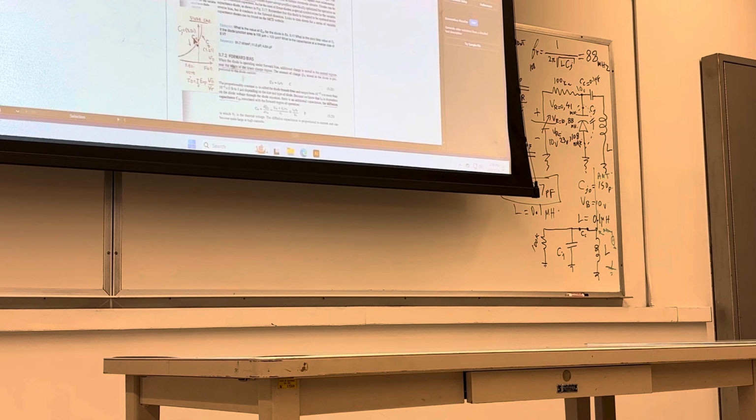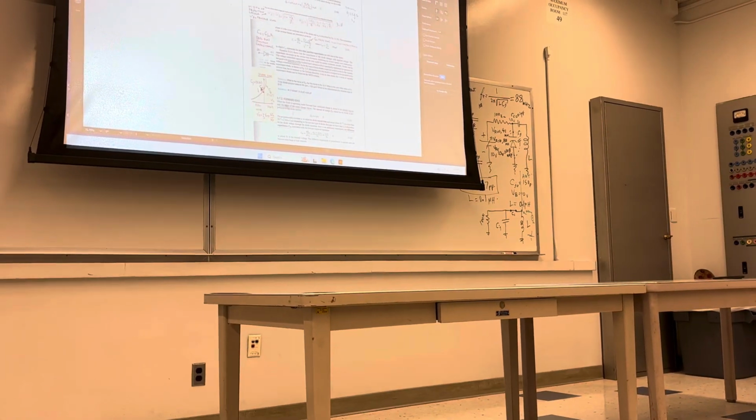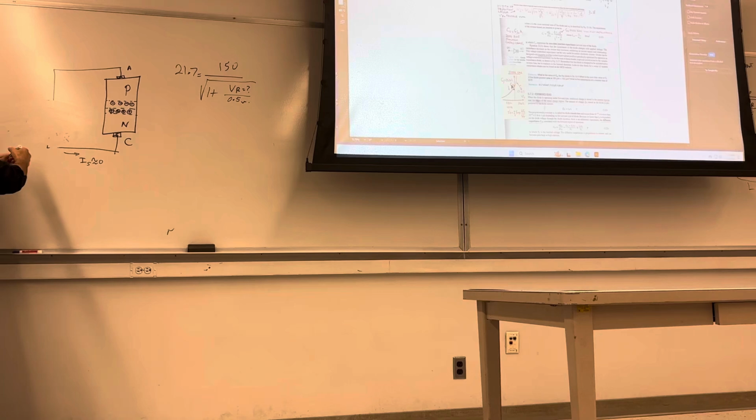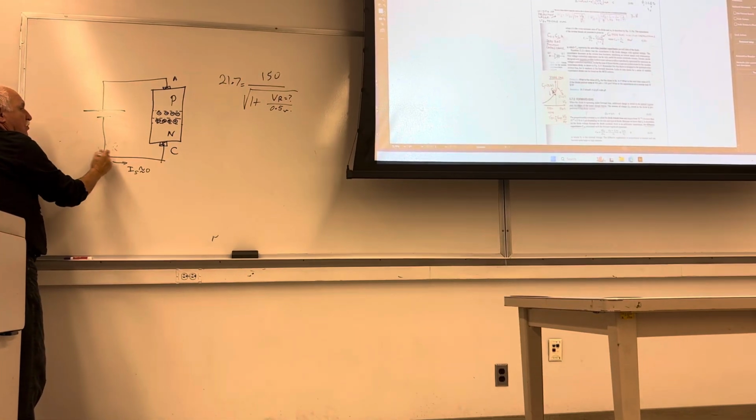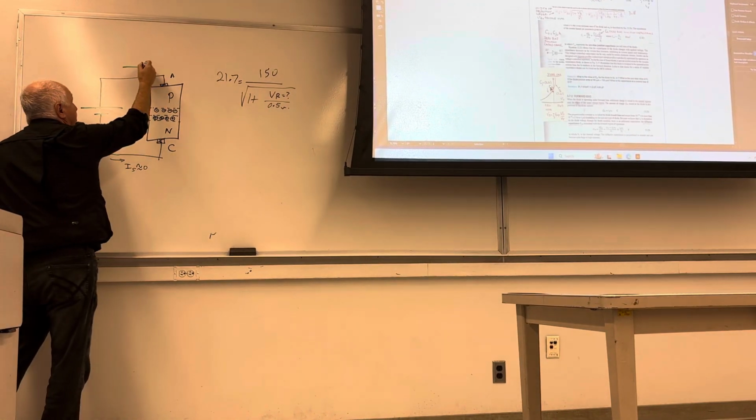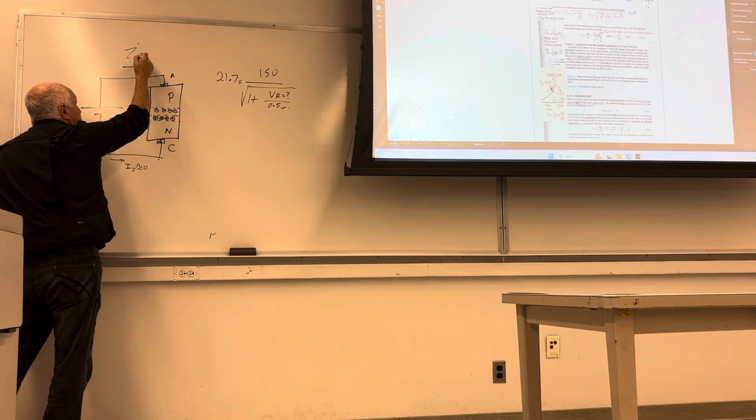Now, the second type of the capacitance that I want to bring to your attention is exactly opposite of this one. When that voltage is positive, gentlemen, a heavy current goes through the diode.